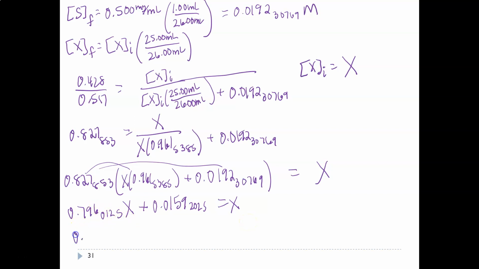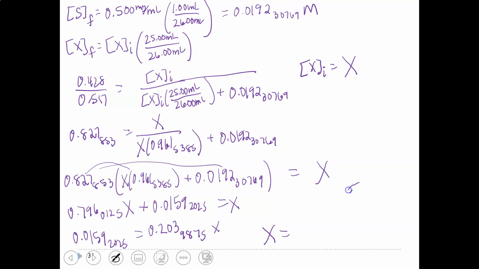So on the left, that'll leave me with just the 0.01592025. And on the right, it's going to be 1x minus 0.79601225x's, which leaves me with 0.2039875x. So now I'm going to solve for x.